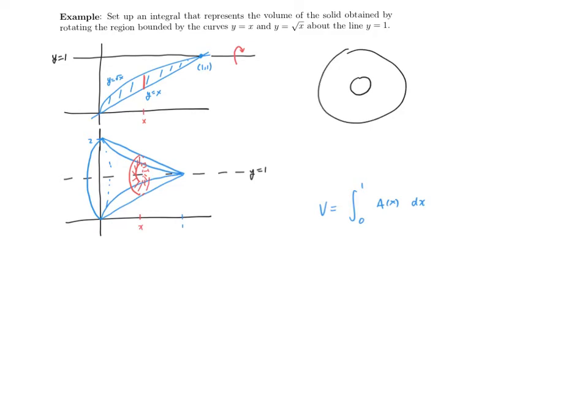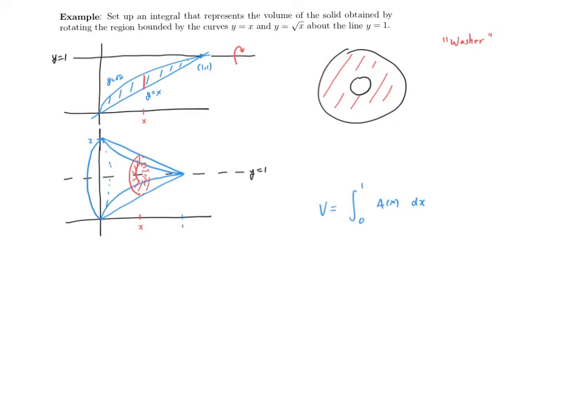So A of x will be the area of what we would refer to as an annular region. It's an outside larger circle with a smaller circle removed. And now you can maybe see why we previously referred to this as being a washer, as typically we will see a picture that looks something like this.